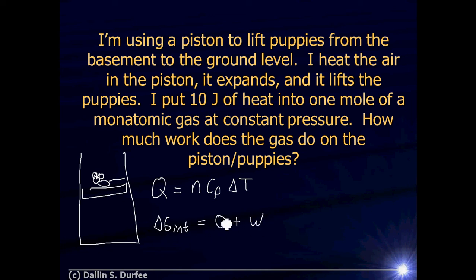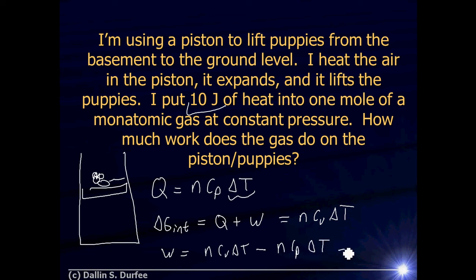All right? Well, guess what? I'm given Q, so I know Q. From Q, I can find delta T. But the change in internal energy is always NCV delta T. So the work, then, is just going to be NCV delta T minus Q. Big Q is NCP delta T. So this is just going to be N times, well, CP is CV plus R, right?